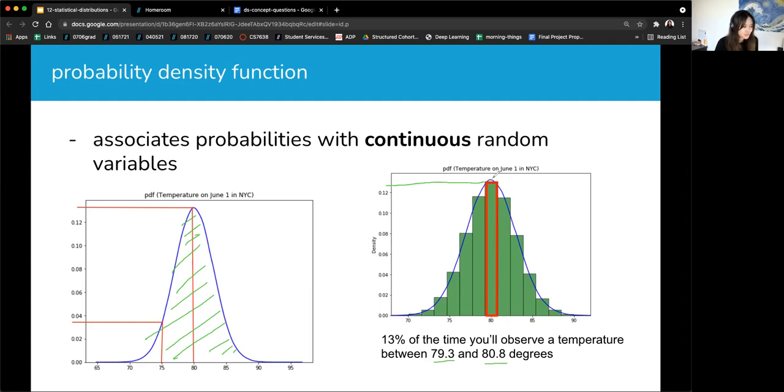So that's why 13% of the time, you'll observe a temperature between 79.3 and 80.8. These are just little things to remember with the probability density function. The main definition that you have to remember is that it just represents the distribution of probability of this continuous random variable, which in this case is just the temperature on June 1st in New York City. Any questions about this?